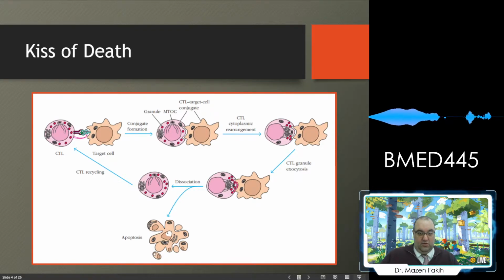the granules من بعد الcytoplasmic rearrangement the granules بيعملوا exocytosis and they induce apoptosis. We will see the cytotoxic T cell recycles، يعني بترجع بتهاجم another target cell, so on and so forth.